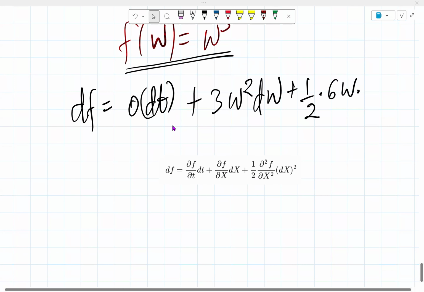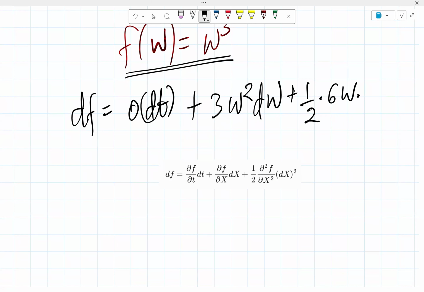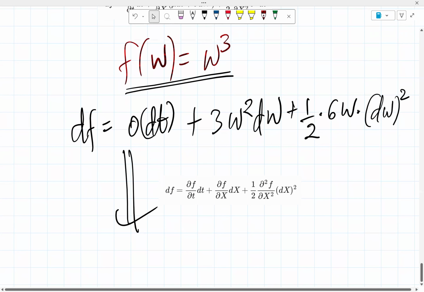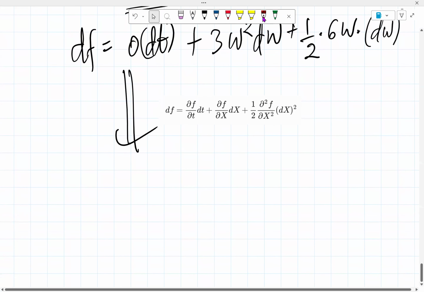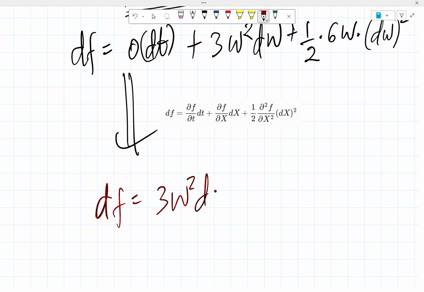Since we are talking about f of w, anywhere you see x, just take it as w. So this will now be dw all squared. From here we come down and we have df to be 3w squared dw plus half times 6w, that's 3w (dw) squared.